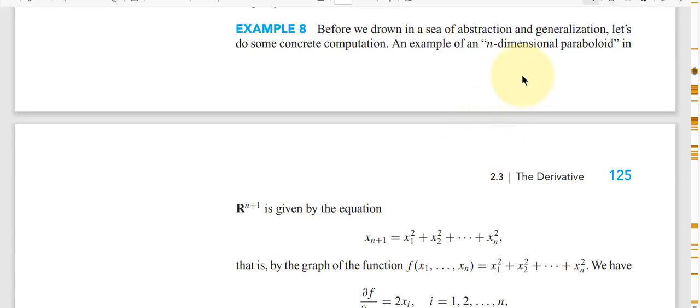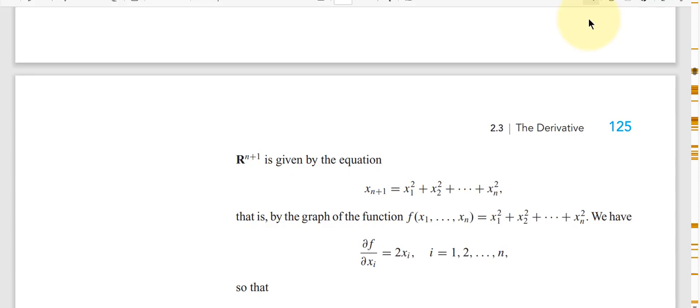Okay, let's take a quick look at an example here, to make this a little bit less abstract. Suppose that we have a function, as you can see here. Unfortunately, she gives us kind of weird notation, so let me change it. She uses this variable here, but let me just call it z. So here we have z as a function of x1, x2, and so on up to xn. It's a pretty straightforward function: just the square of x1 plus the square of x2, and so on.